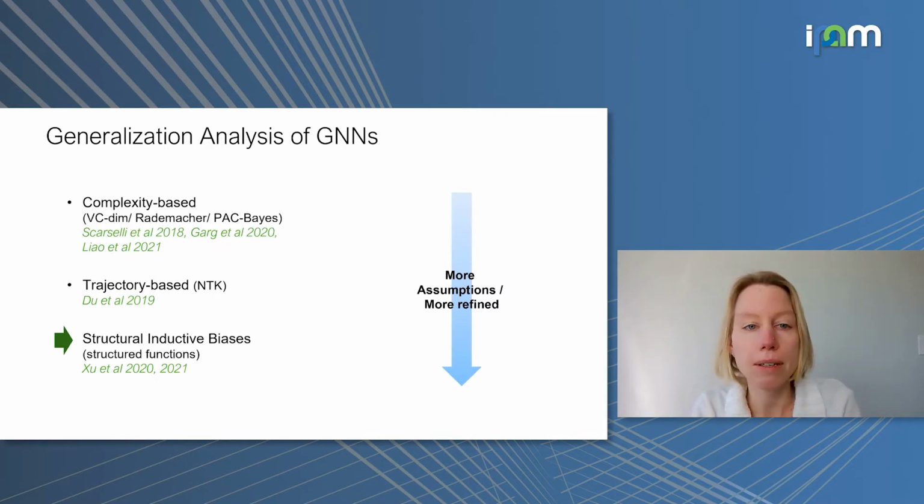So looking at VC dimension, Rademacher complexity, or looking at trajectory based approaches, the dynamics of gradient descent, and via the neural tangent kernel, how that relates to generalization. Here, what I would like to do is take into account a little more the actual structure of the task and the architectural structure of the neural network, to make this a little bit closer to what's happening and a little bit easier to interpret.